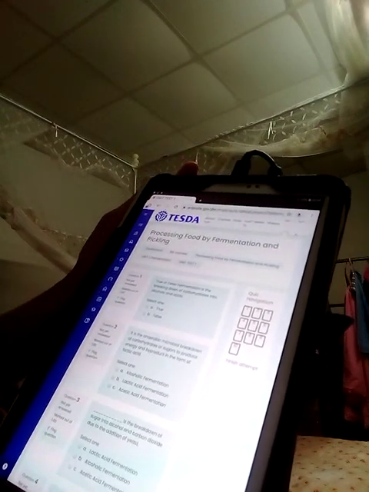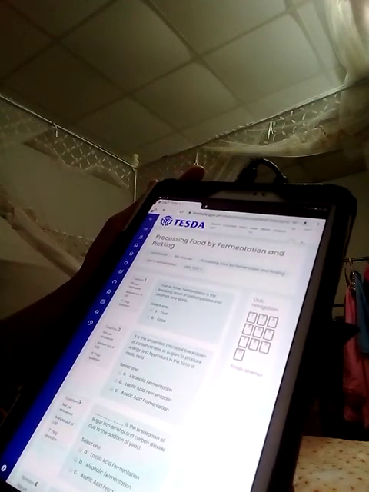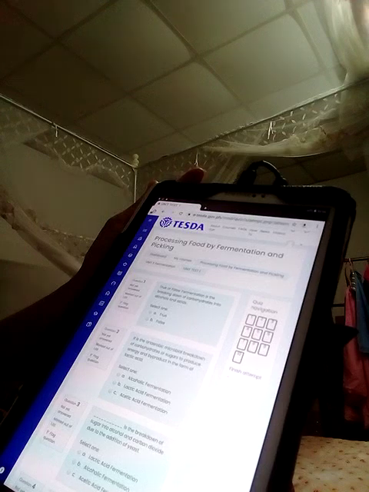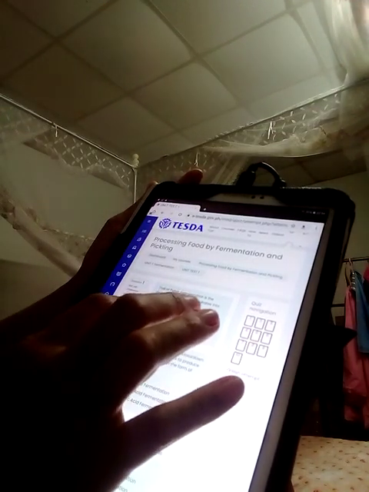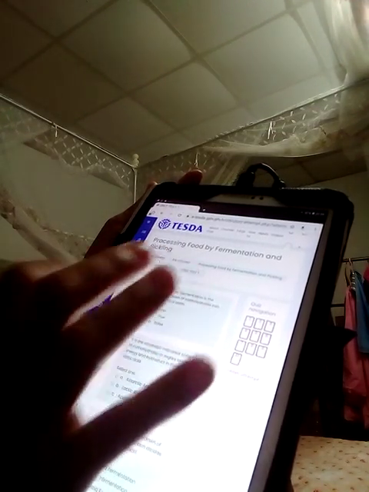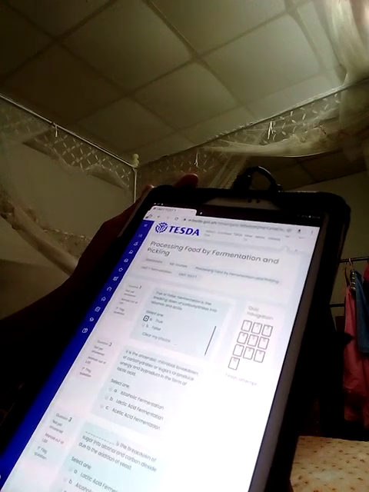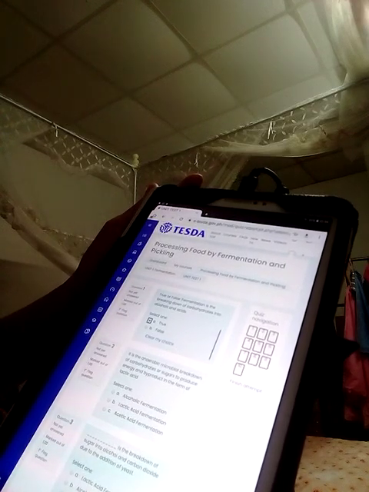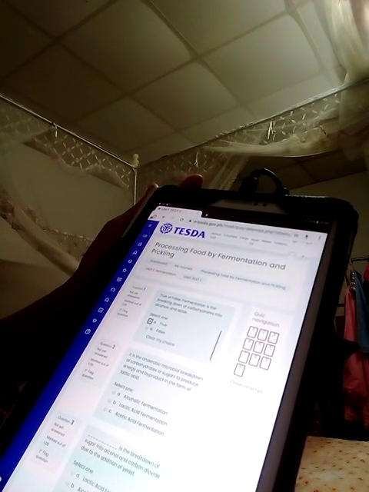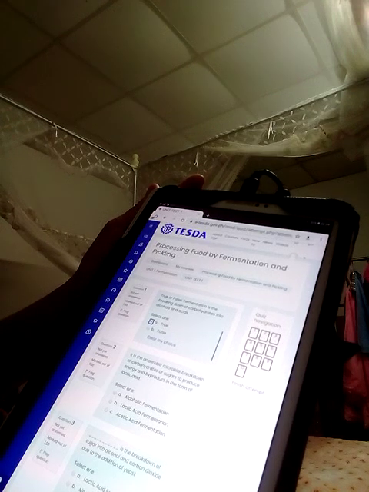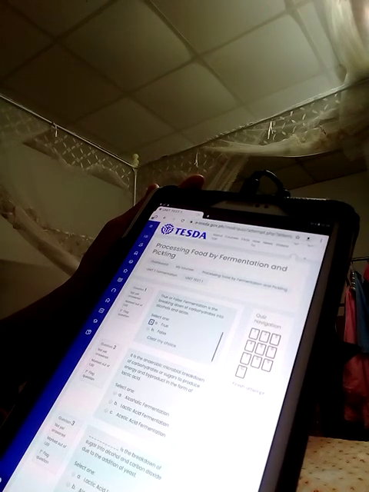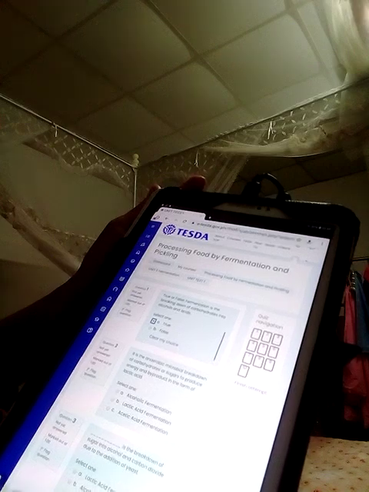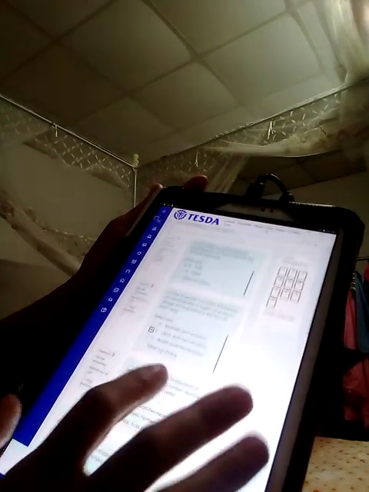True or false: fermentation is breakdown of carbohydrates into alcohol and acid. True. The anaerobic microbial breakdown of carbohydrates or sugar to produce energy and byproduct in the form of lactic acid is fermentation.